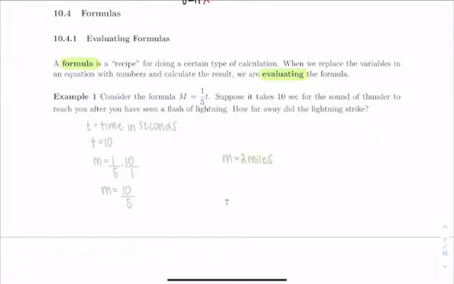Suppose it takes 10 seconds for the sound of thunder to reach you after you have seen a flash of lightning. How far away did the lightning strike? So t in this case is going to be the time in seconds.